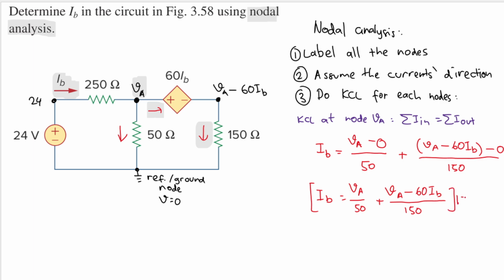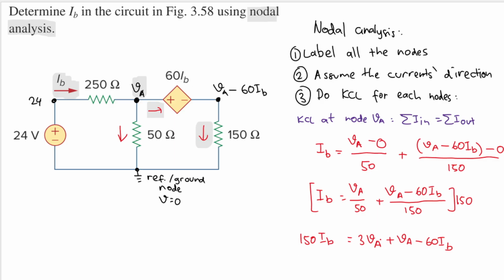Now what can we do from here? Multiply both sides by 150. 50 and 150 will cancel into 3, so we will have 3 VA here. And here 150 and 150 cancel each other, so we'll have VA minus 60 IB. Now 150 multiplied by IB will be 150 IB.